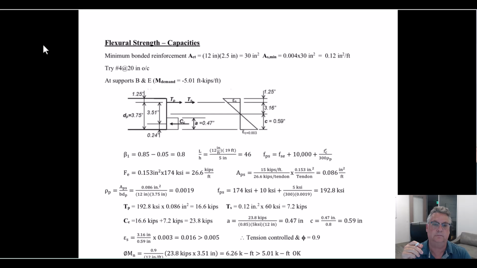Just like we did with beams, we need to start with an amount of bonded reinforcement. Now, it makes sense that the amount that we'd start with to check would be what's minimum required for bonded steel. That same, and this is a good question to ask on the final, the same exact requirement for beams are required in one-way slabs.